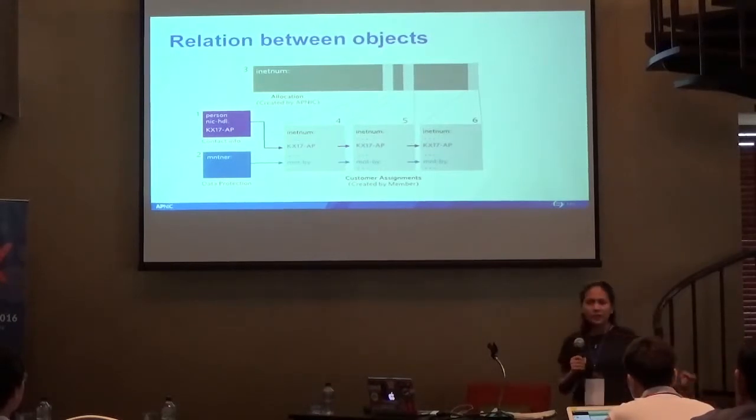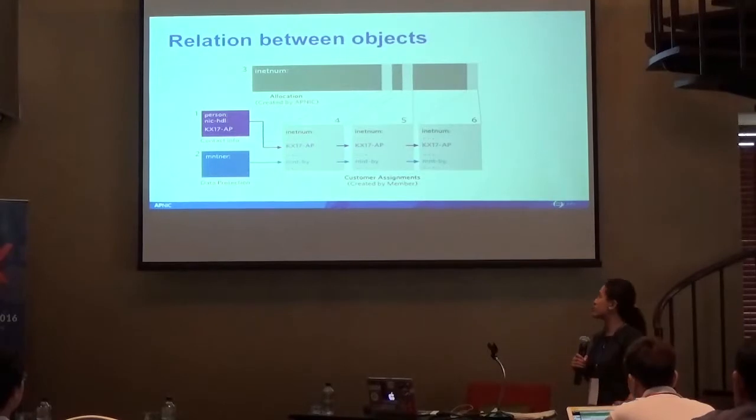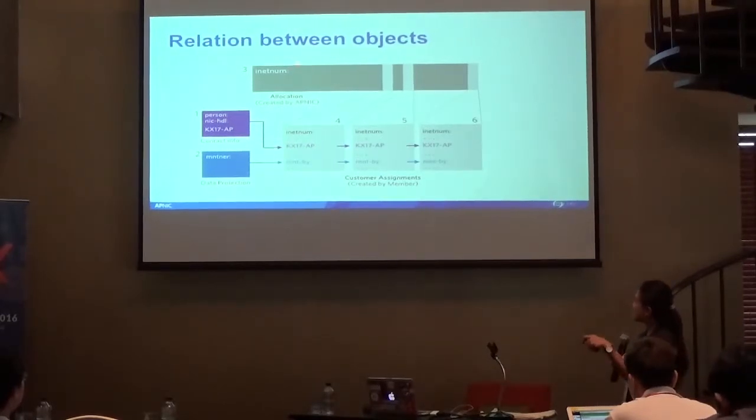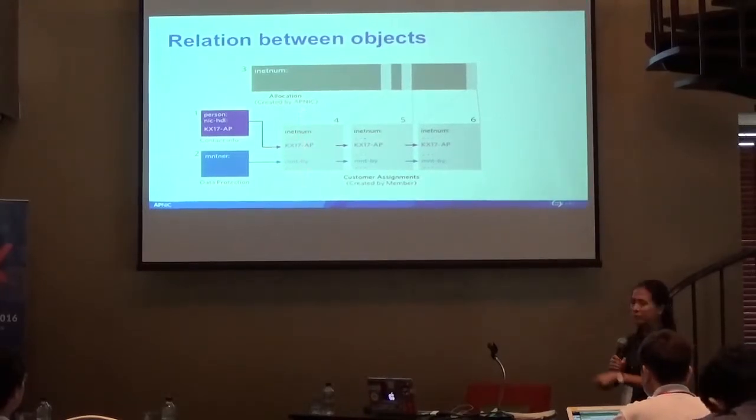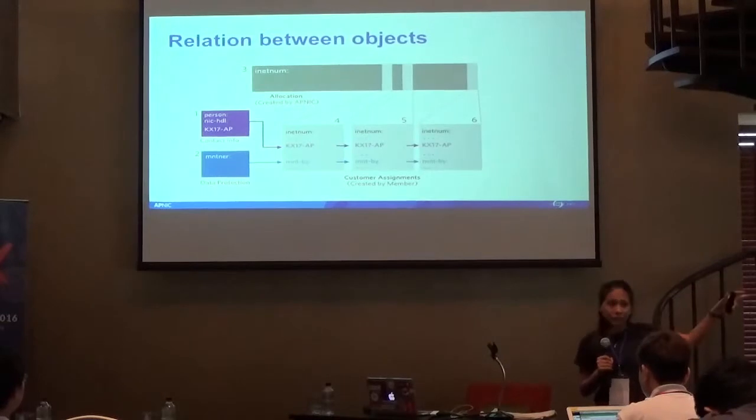As I've said, these objects are linked together. They are referenced from one object to the other. An example is if you have an inetnum object. In the inetnum object, you will have information about the maintainer.